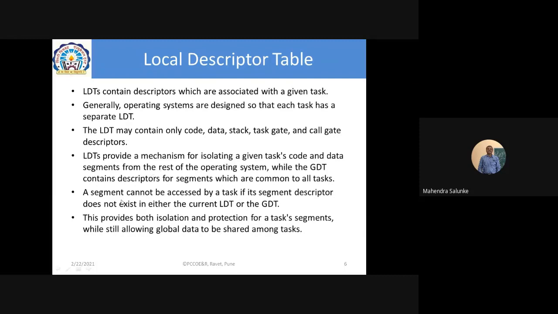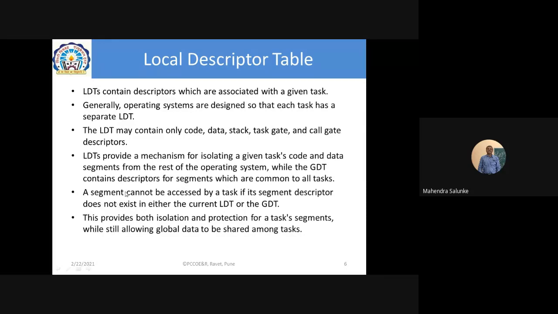A segment cannot be accessed by a task if its segment descriptor does not exist in either the current LDT or the GDT. This line indicates the way by which we can access a segment. If you want to access any segment, what is the requirement?